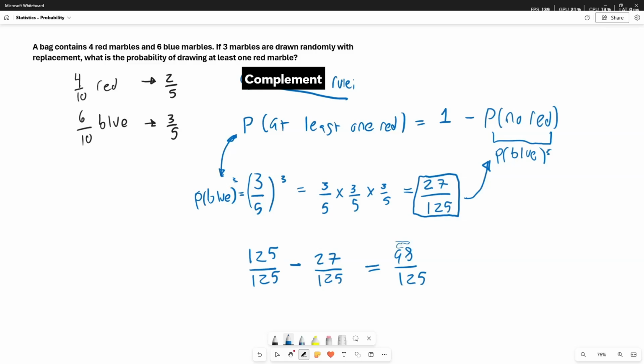And that makes sense because if we have three times to get red, our probability is only bound to increase.